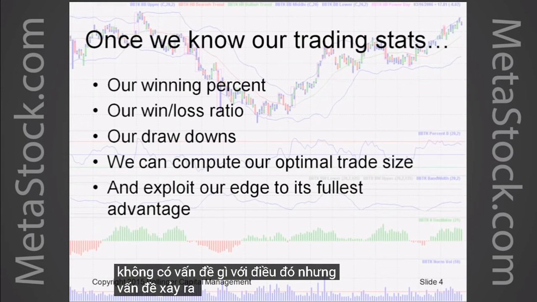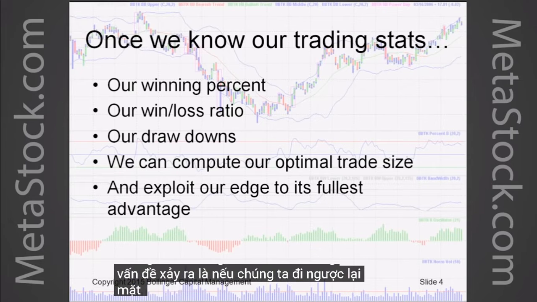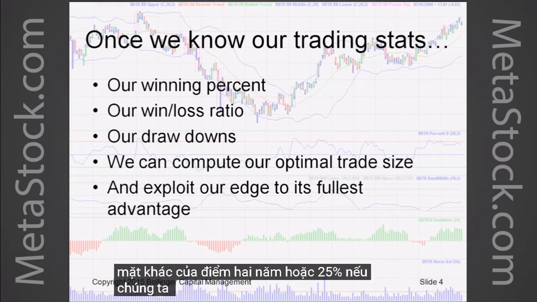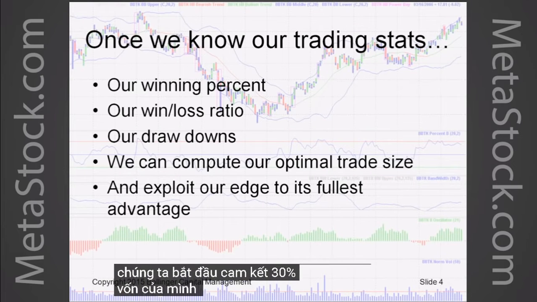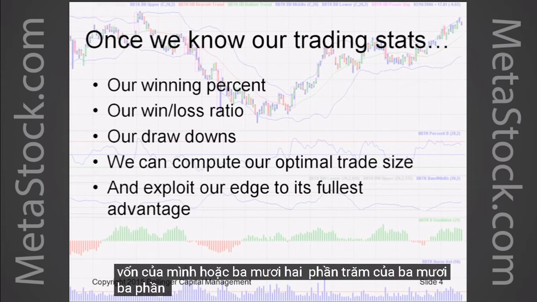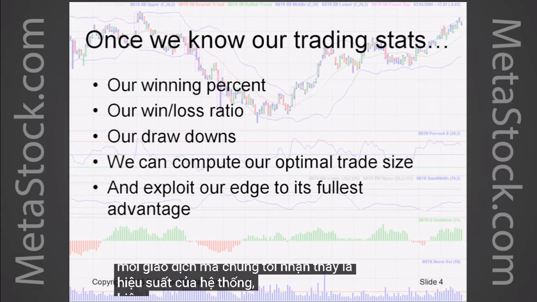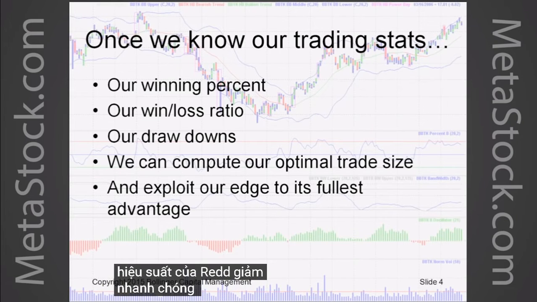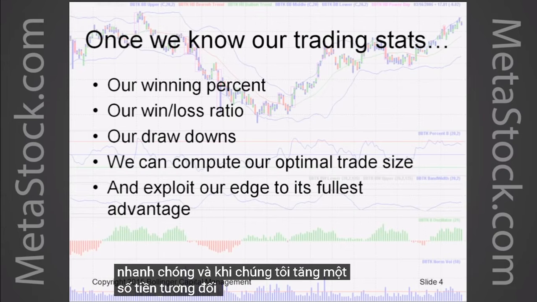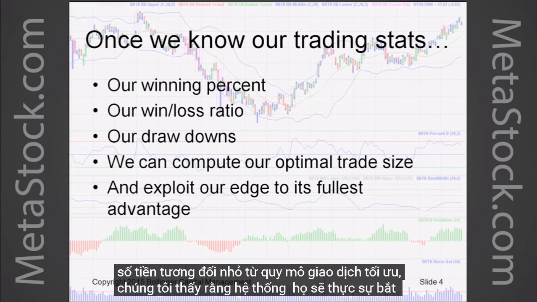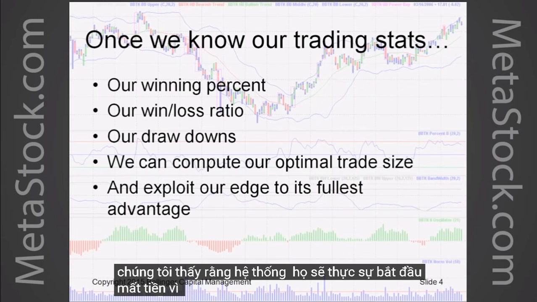But the problem occurs if we go on the other side of 0.25 or 25%. If we start committing 30% of our capital or 32% or 33% of our capital to each trade, what we find is that the performance of the system, the performance of our edge, deteriorates rapidly. As we move up a relatively small amount from the optimal trade size, we find that the system will actually start losing money.